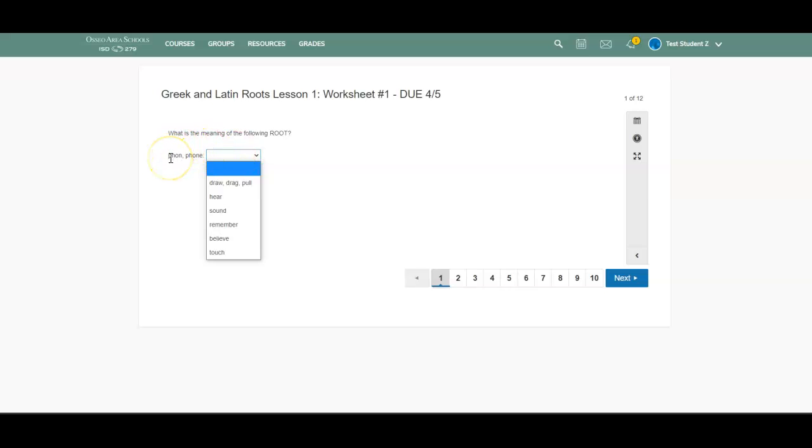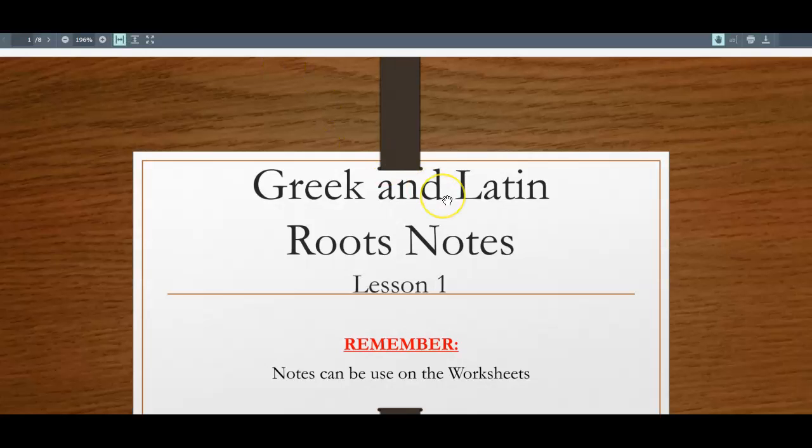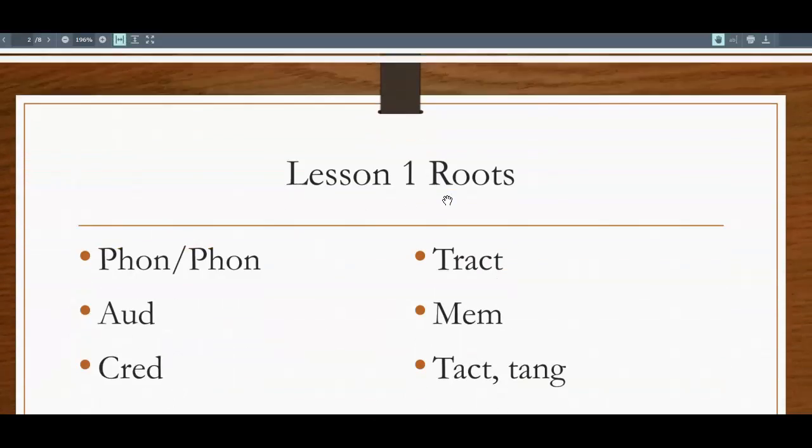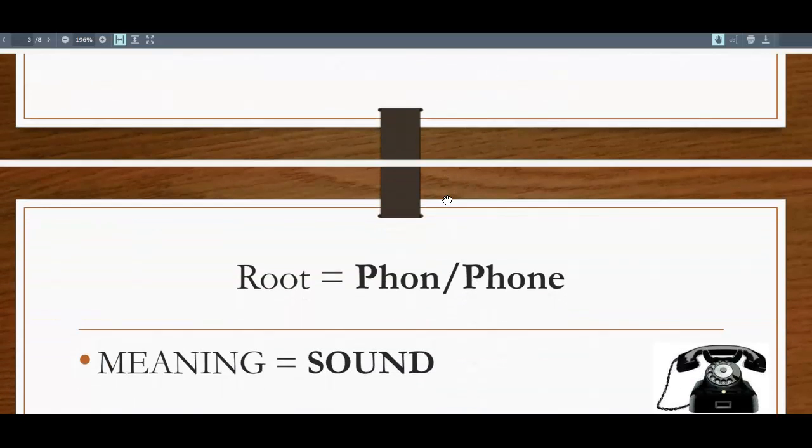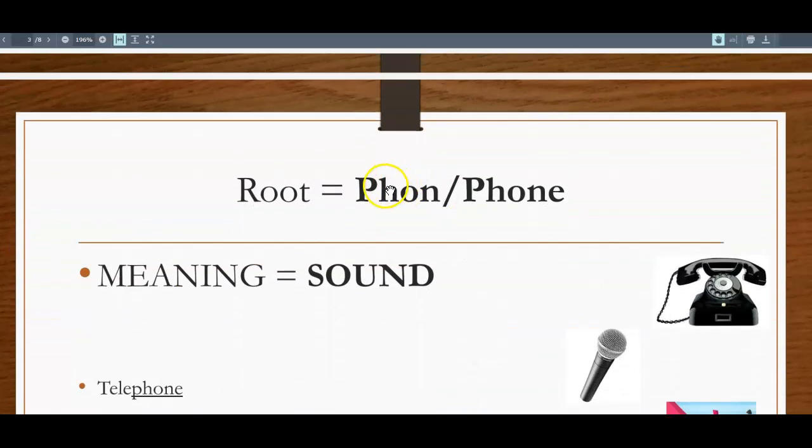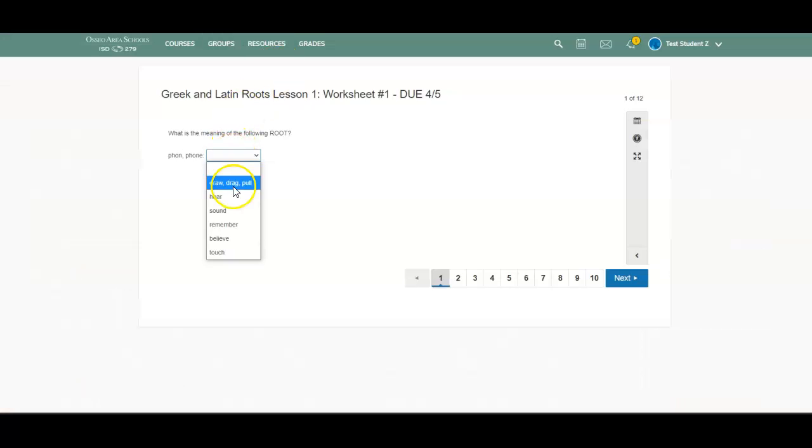So the root fawn or phone, I can easily check my notes. Fawn or phone means sound. So I select sound and move on.